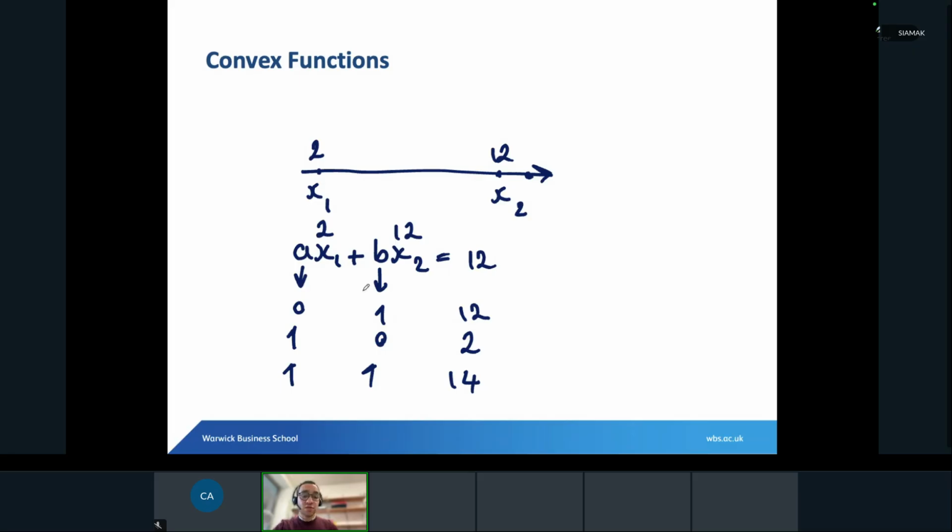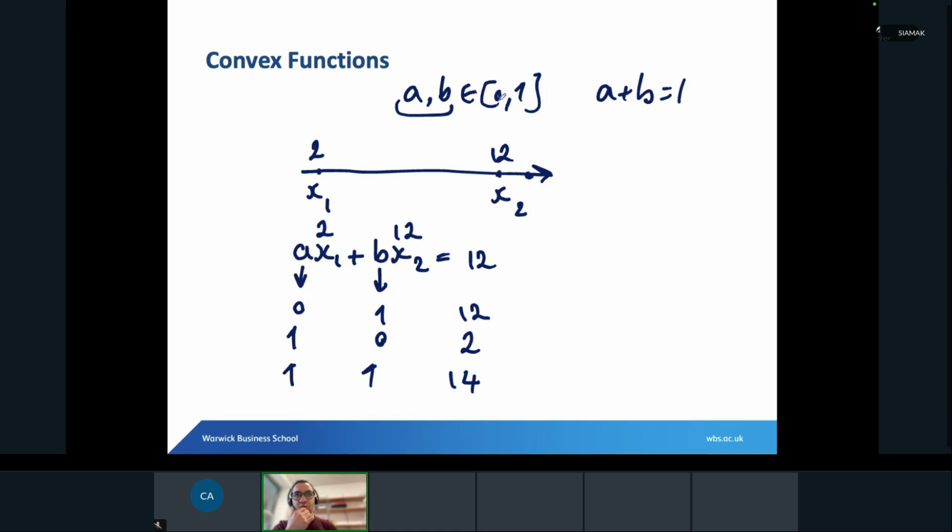If a and b are both between 0 and 1, including 0 and 1, you will get numbers here, in the case that a plus b is equal to 1.